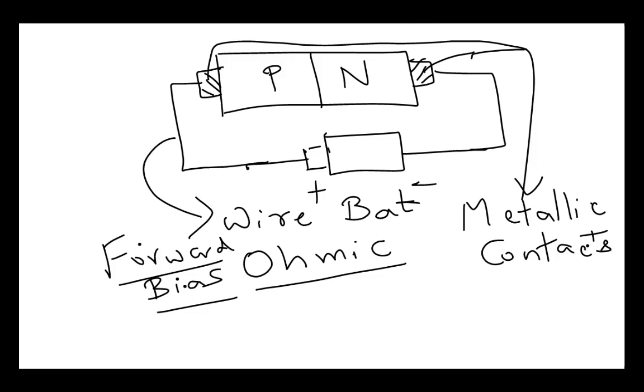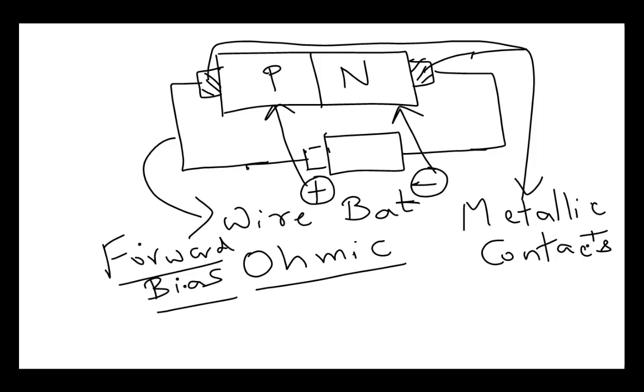Here, positive terminal of the battery is connected to P side while negative terminal of the battery is connected to the N side. When the connections are opposite, it is called reverse bias.